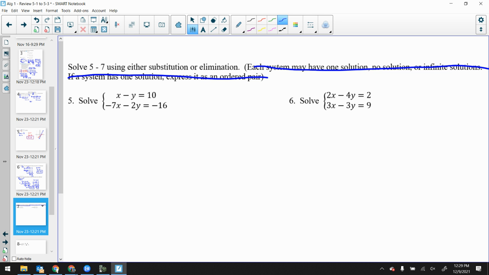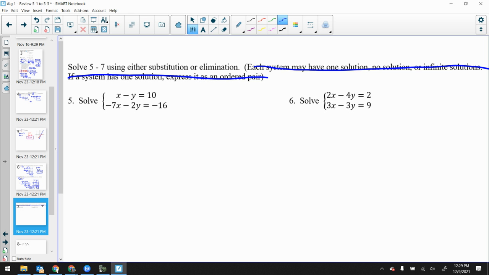X is x, y is y, constant is constant. Could I still do this by substitution if I wanted to? Yeah. Look at the top equation. Can't I just add y over to the other side and get x alone? So it still would work by substitution. But in my mind, I think it's easier by elimination. So let's do elimination.